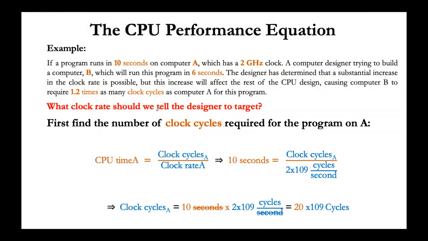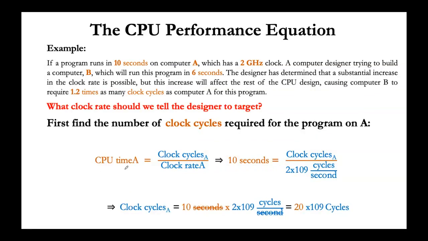So what clock rate should we tell the designer to target in this example? We need to first find the number of clock cycles required for the program on machine A.